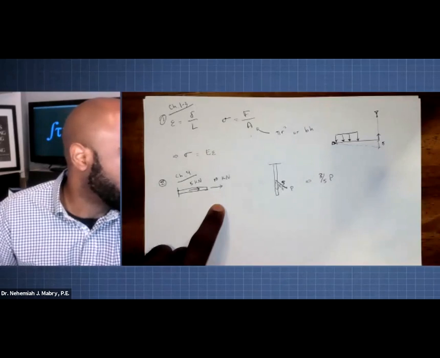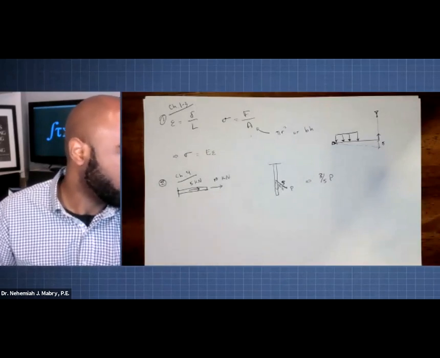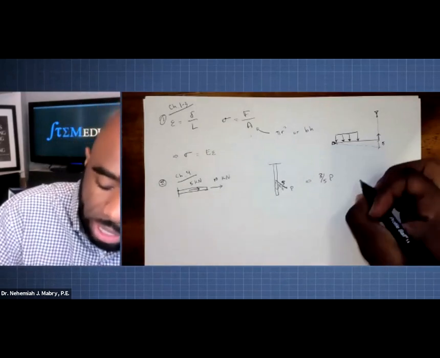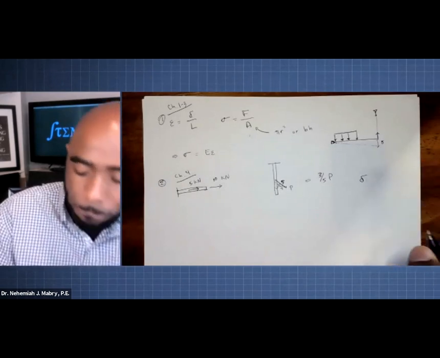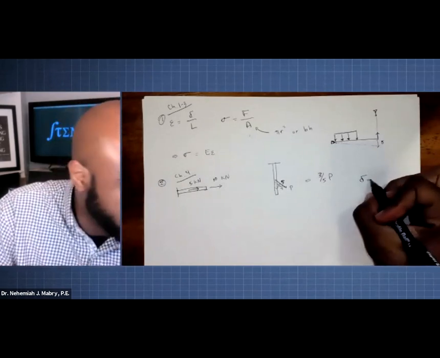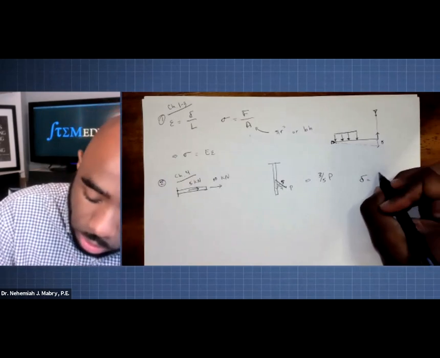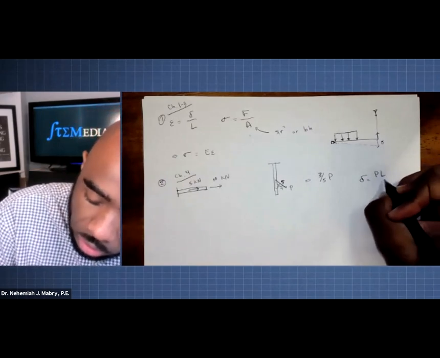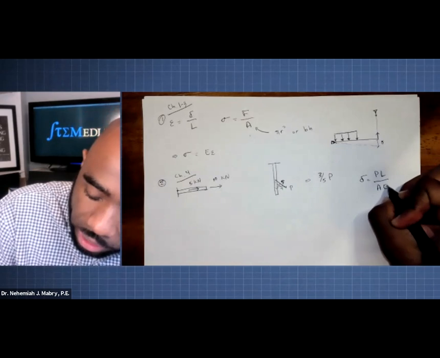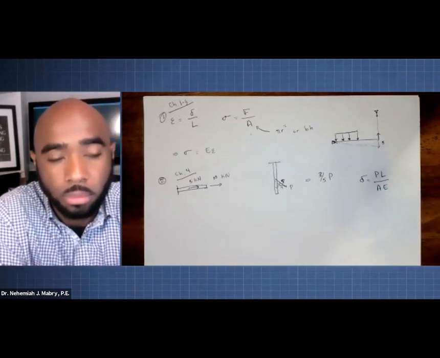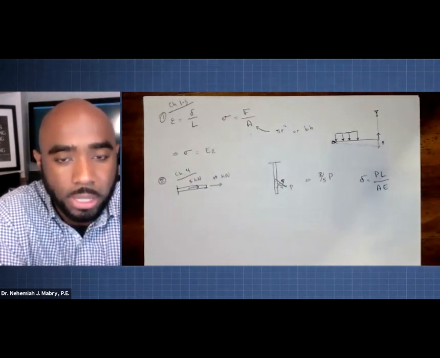And then what you're also going to need to do is use this equation right here. Delta equals PL over AE. That's going to be your bread and butter.